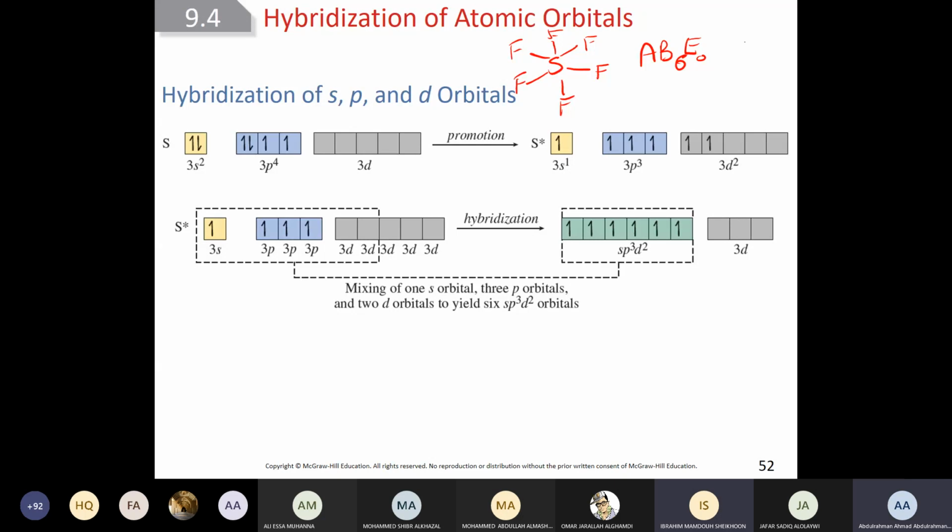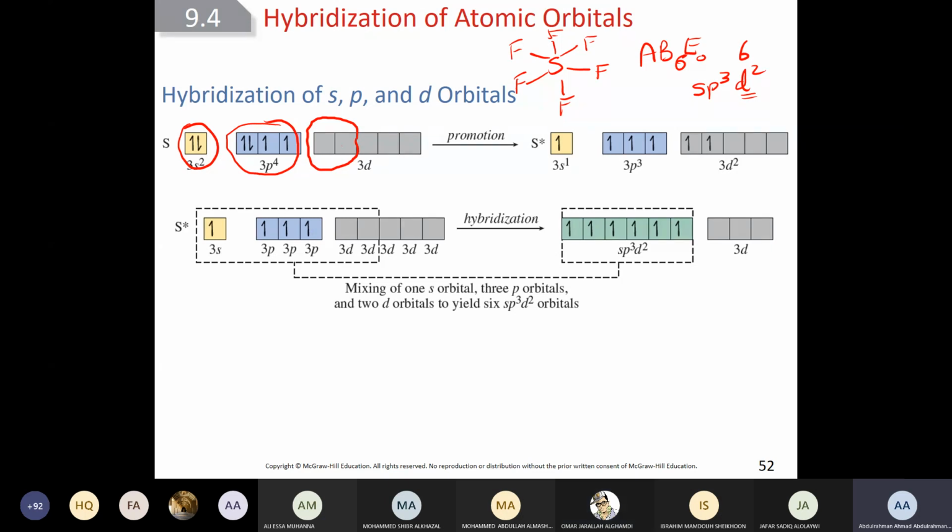What hybridization am I going to make? sp3d2. What am I going to take? I will take 1s, 3p orbitals, and how many d? 2 d orbitals. So what's the total? 6. Count them: 1, 2, 3, 4, 5, 6.